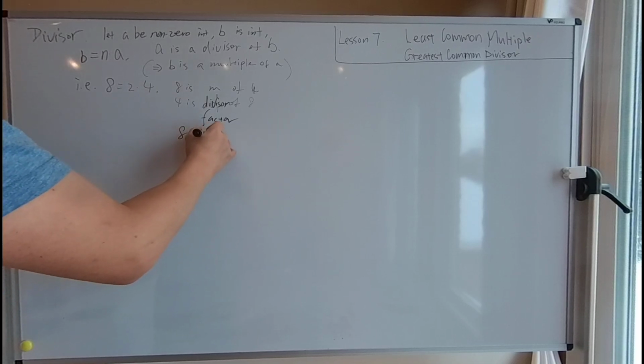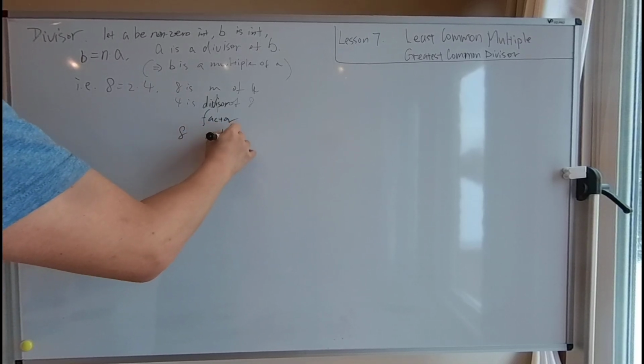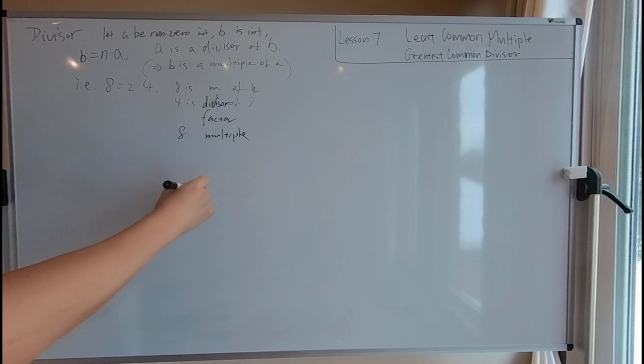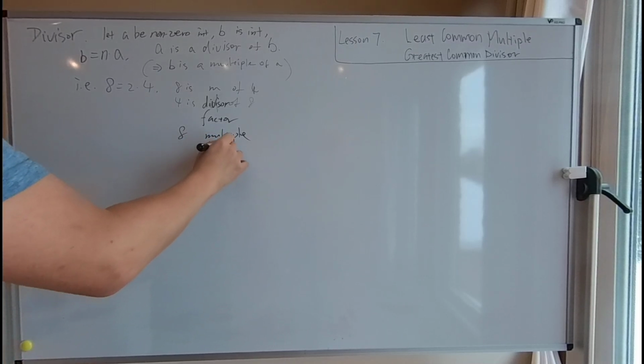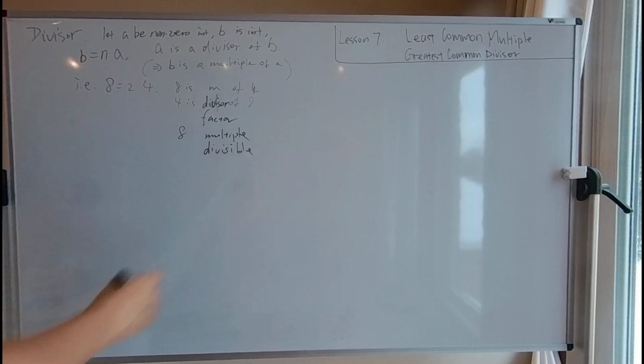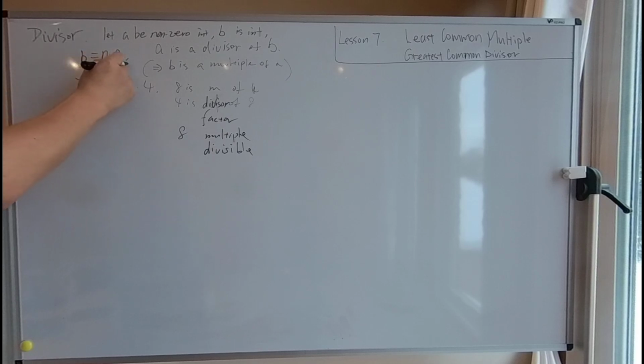Or 8 is a multiple of 4, we also say that 8 is divisible by 4, right? So these are all the same meaning. It's all coming from here. It's really just the reverse operation between the multiple and divisor.